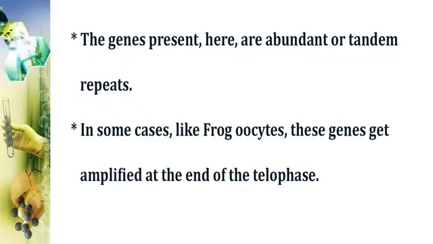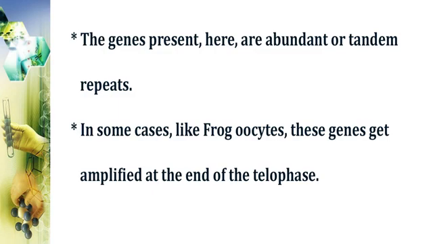It is also called a nucleolar organizer. The secondary constriction exhibits negative heteropyknosis and contains DNA segments for cytoplasmic ribosomal RNA. The genes present here are abundant tandem repeats.